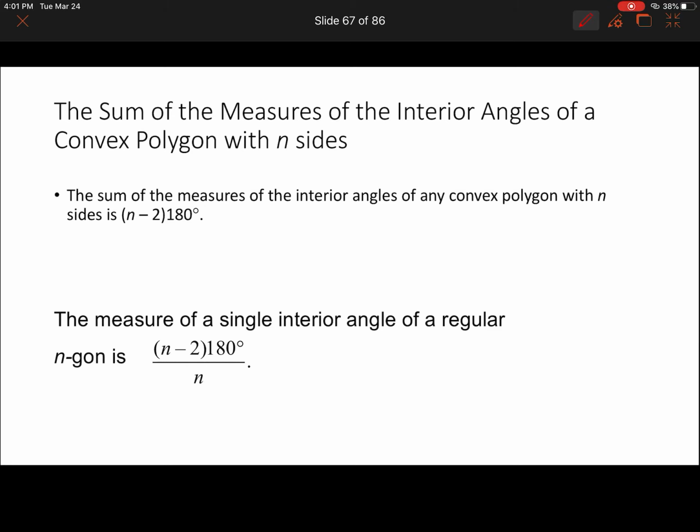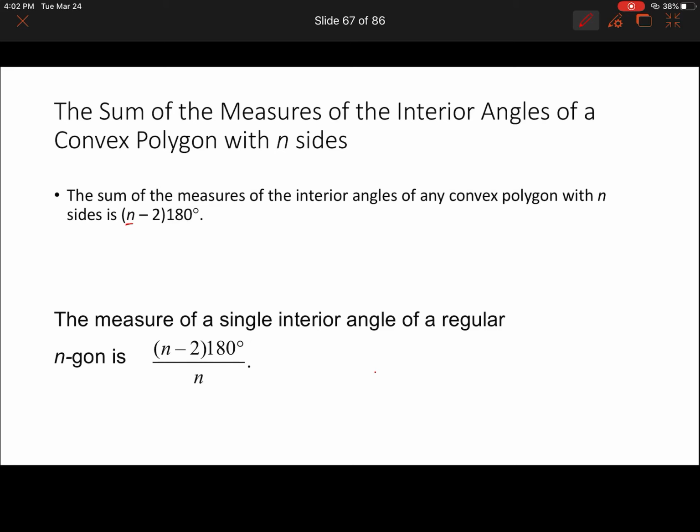Well, if we want to know the sum of all the angles inside a convex polygon, whether it's a triangle or a quadrilateral or a pentagon or hexagon or any others, we can find the sum of the measure of the angles by taking the number of sides, which is n, subtracting 2, and multiplying by 180.